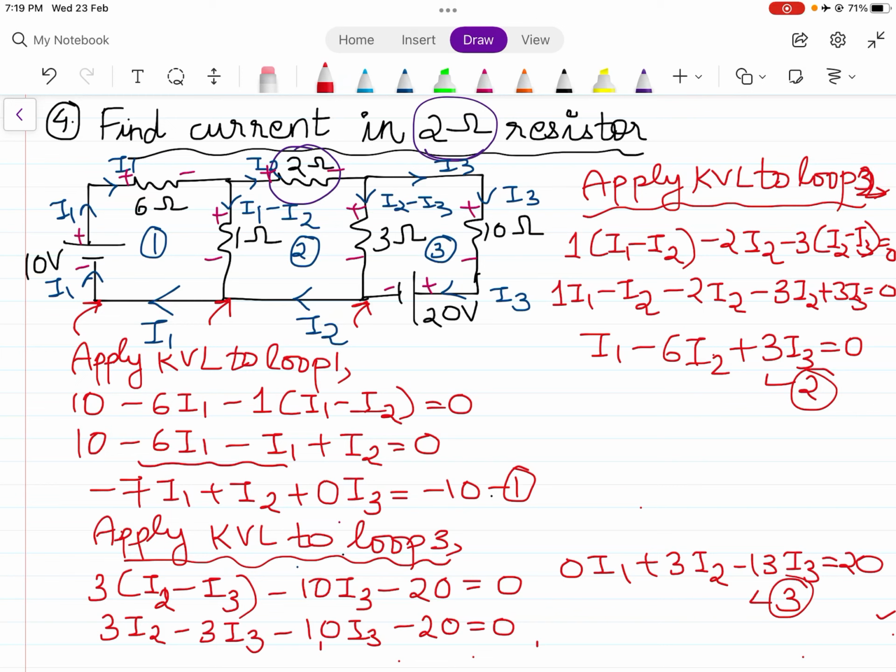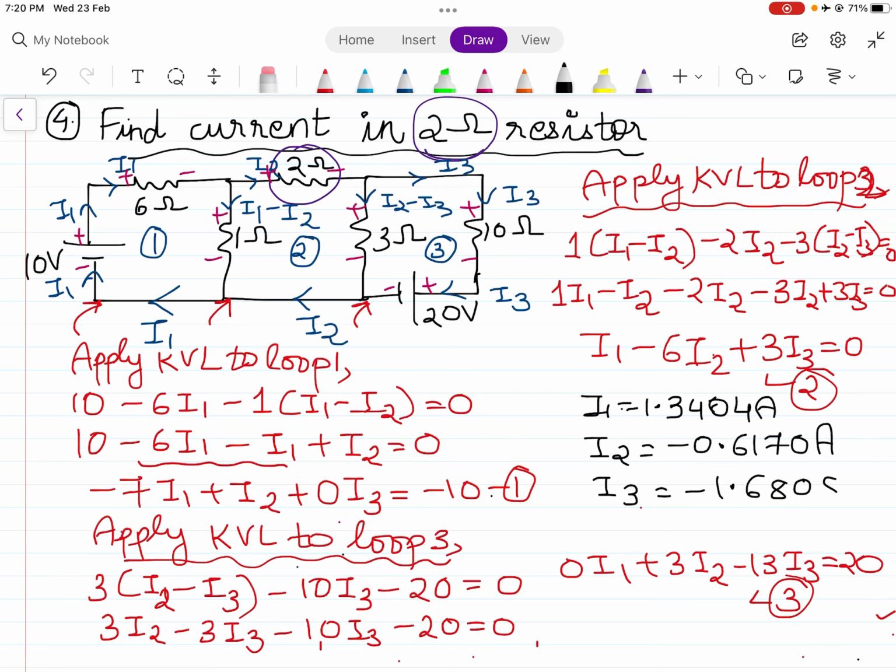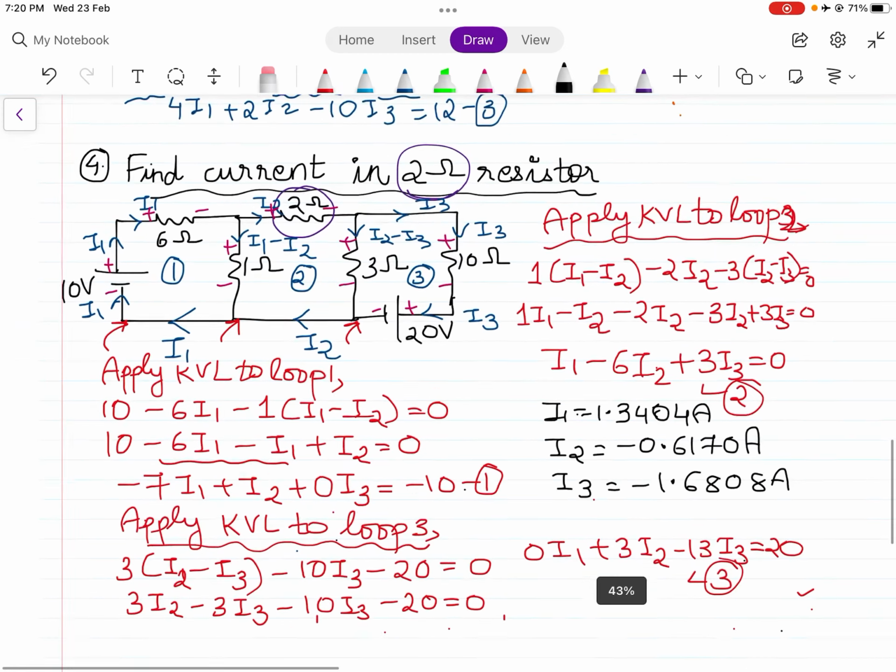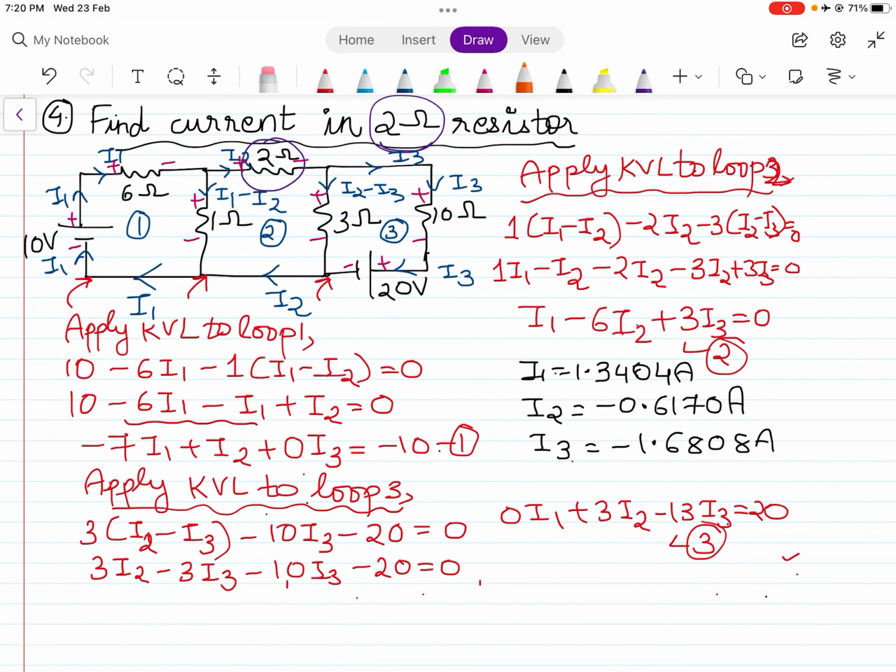So I am getting I1 equal to 1.3404 amperes, I2 equal to minus 0.6170 amperes, and I3 equal to minus 1.6808 amperes.